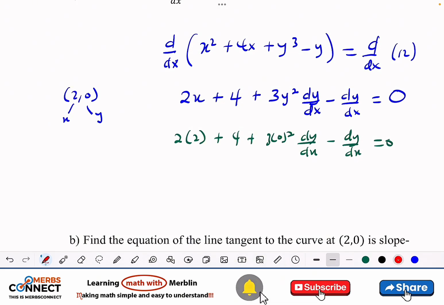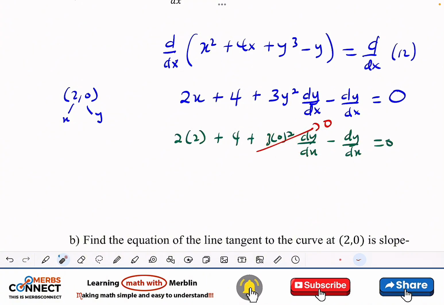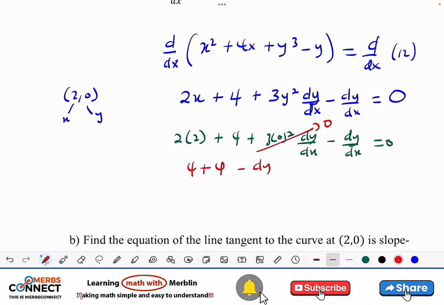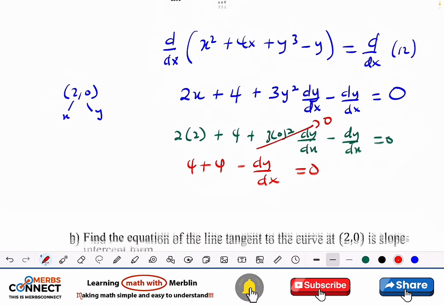Since 0 squared is 0, times 3 is 0, times dy over dx is 0, so it goes to 0. So I'm going to have 4 plus 4 minus dy over dx, and this is 0.